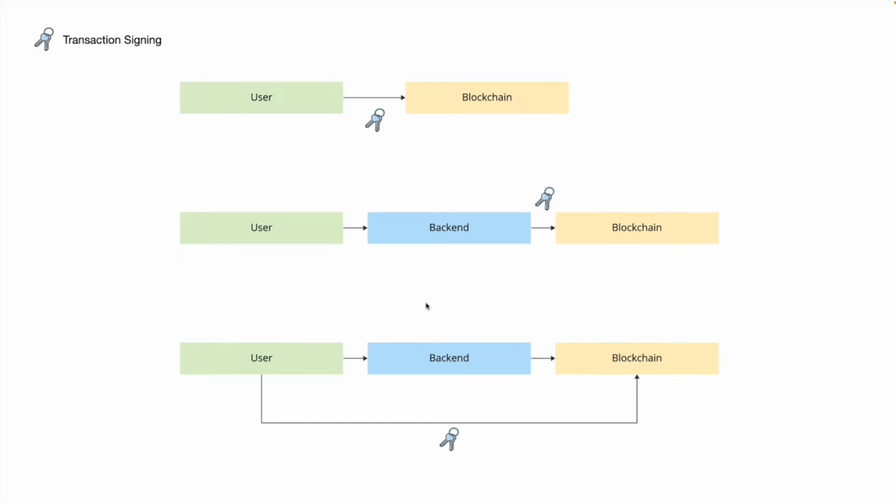And here the backend basically does the transaction signing for the user. This is a good solution for enterprise, where we have multiple users that work in the same organization. And lastly, the users still communicate with the backend, but they do the signing of the transaction themselves.